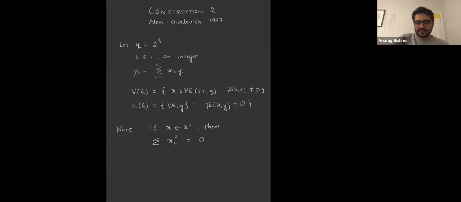Right? That's just plugging in yi equal to xi previously, right? So these are all the isotropic points, solutions to these equations. But because we are working over a field of even characteristic 2, it implies the following.